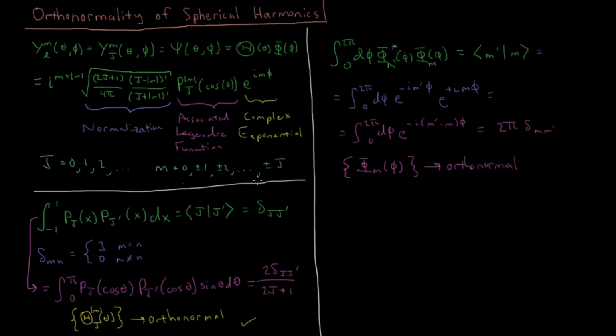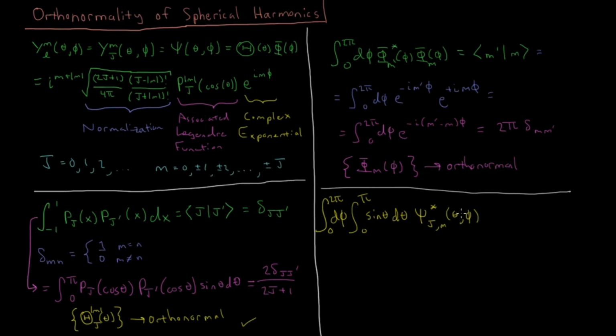Okay, so for our total wave function, which is theta of theta times phi of phi, we're going to get a total integral which looks like this, which is the integral from 0 to 2 pi d phi, integral from 0 to pi sine theta d theta, that's the total volume element there on a unit sphere, of psi star jm, if I want to use this type of notation here, theta and phi are my variables, times psi j prime m prime of theta and phi, a different value of j and m.